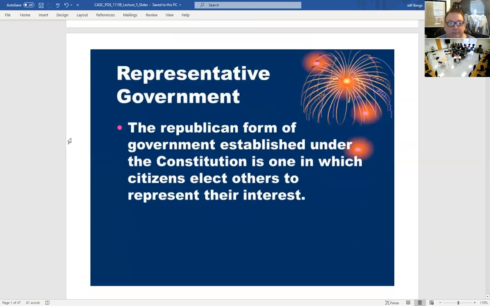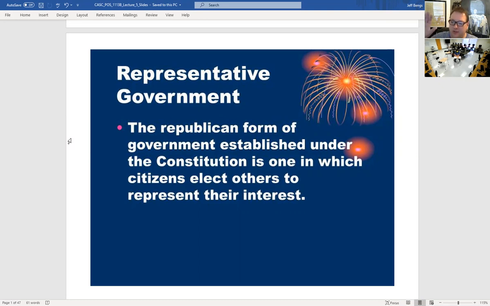So we finished Wednesday's class with a discussion about the Constitution setting up a system in which both the state and the national government have powers.